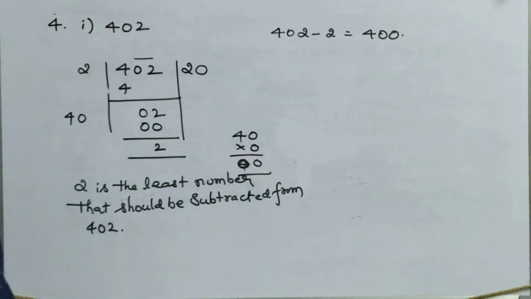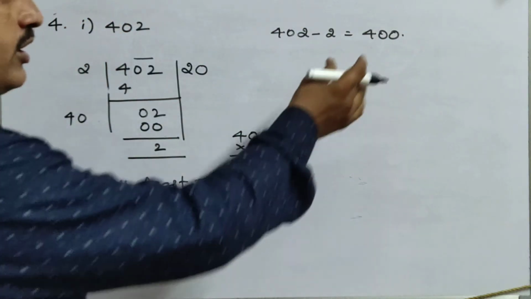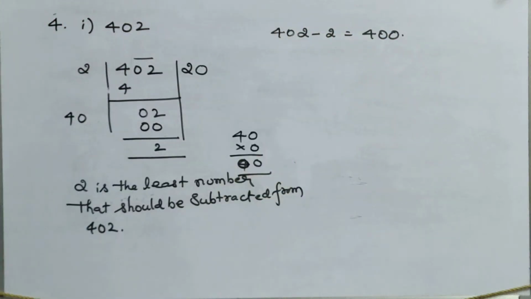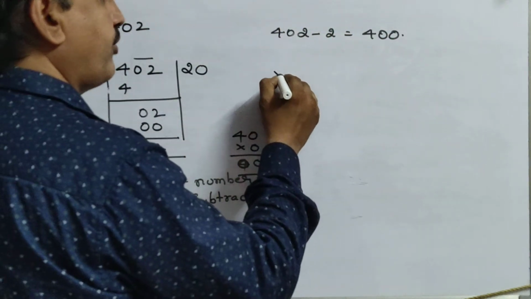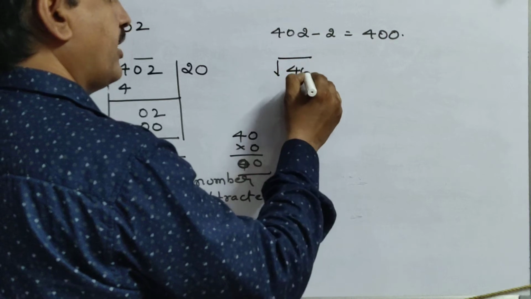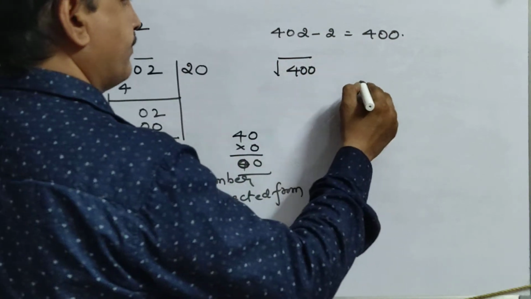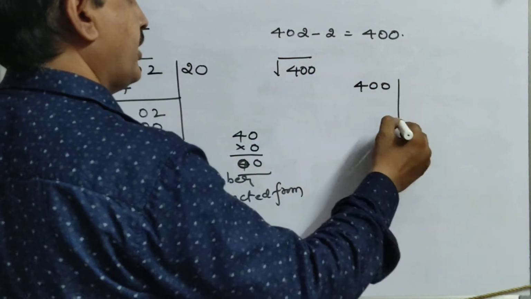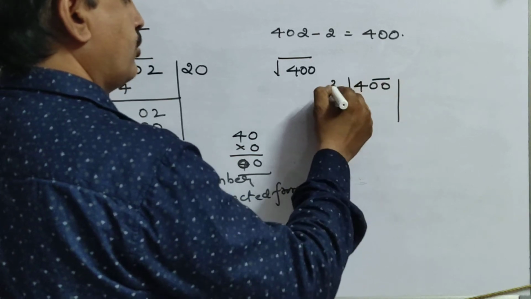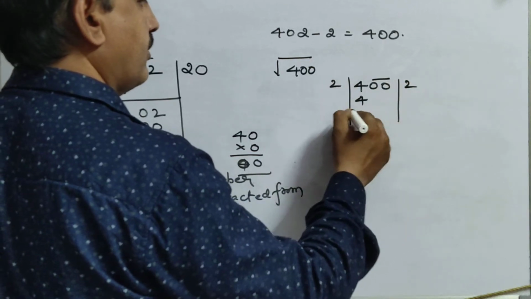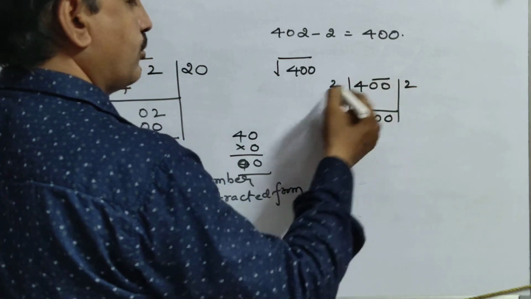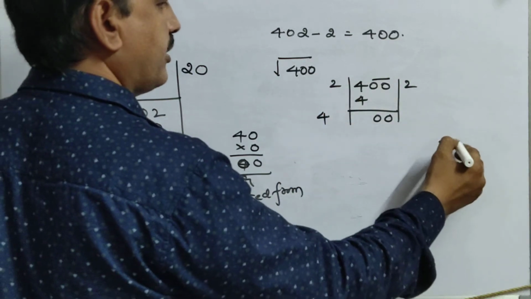Now it is asking, after subtracting, you will get one number. That will be a perfect square. So for that it is also asking to find the square root. So 400 square root we have to find out now. So you all know very well how to find it out. 2 2s are 4. Remainder zeros. 2 double 4. So 4 here, here 0.